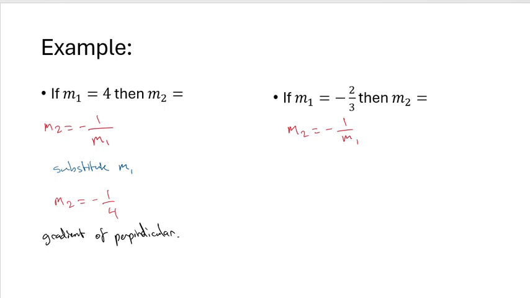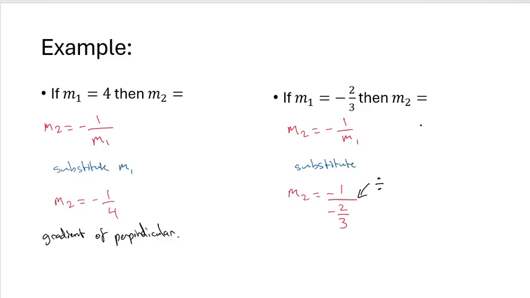Now let's do the same thing as before for the next example. So m2 equals negative 1 over m1. We're going to substitute. Now this is where it gets a bit tricky. Negative 1 over negative 2 over 3. Now, this over here is actually a dividing sign. That fraction right there is a division sign.